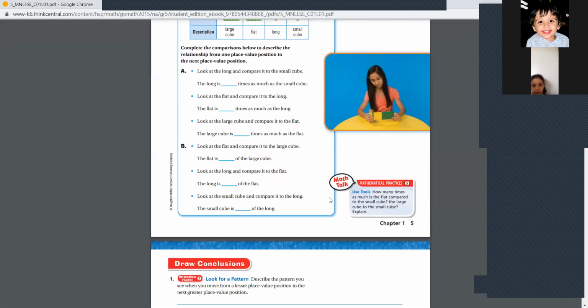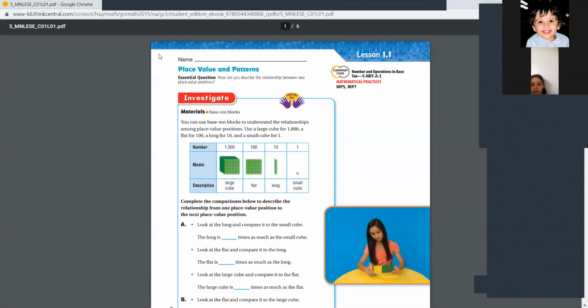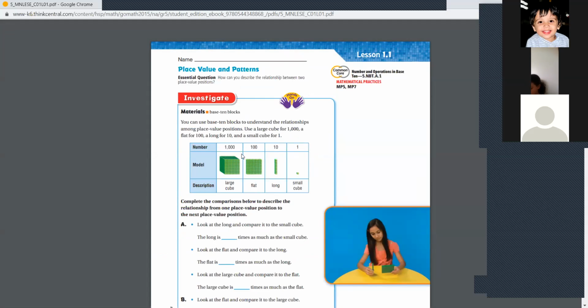You will not show the face, but I want to see your paper. You will write today's date. What is the date today? 8 September. Then you will write the lesson name. Come on, write it now. Miss, do we write the date? Yes, you have to write the date.